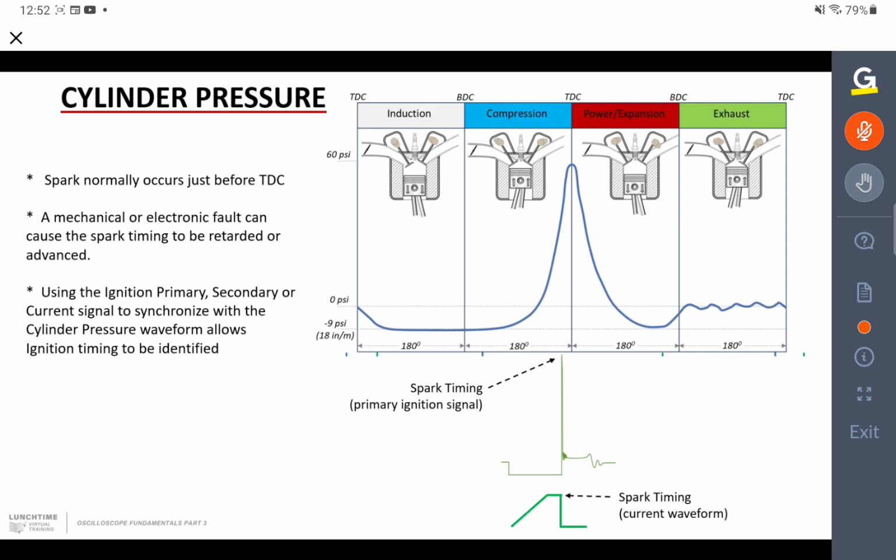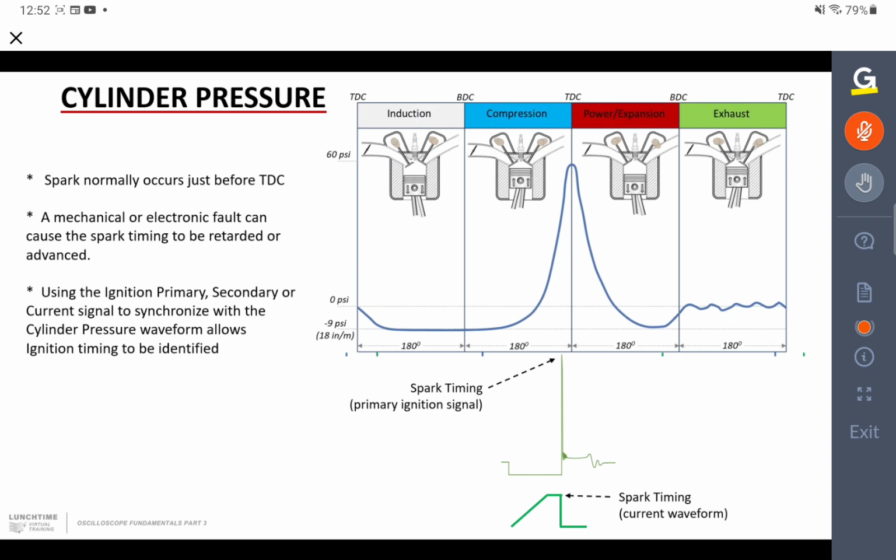Okay, so we've got to remember that the spark normally occurs just before top dead center, just before the power or expansion stroke. And again, this could be cranking or idle, it doesn't matter. We're measuring cylinder pressure on the disabled cylinder.